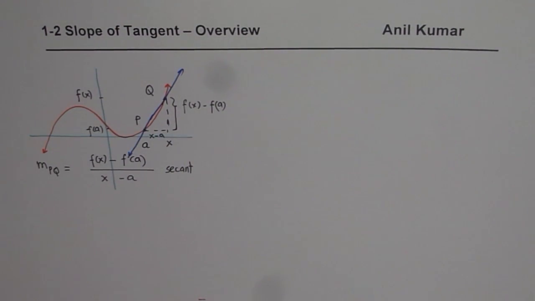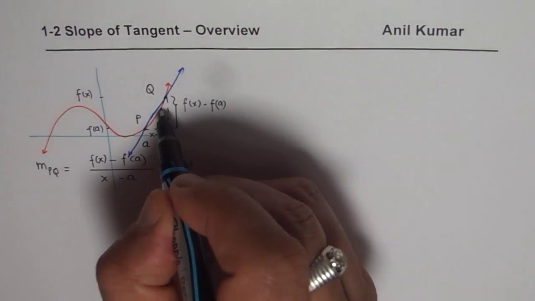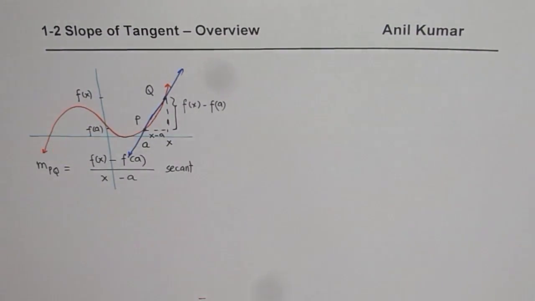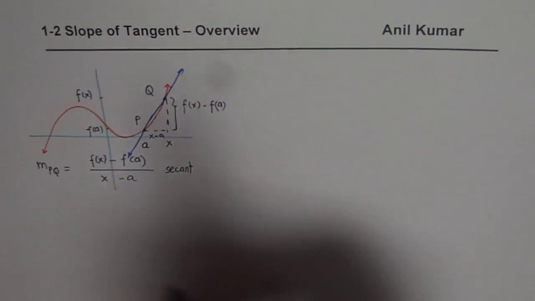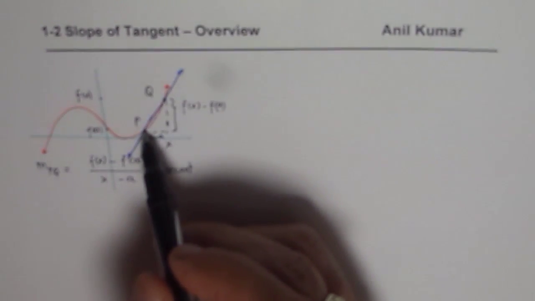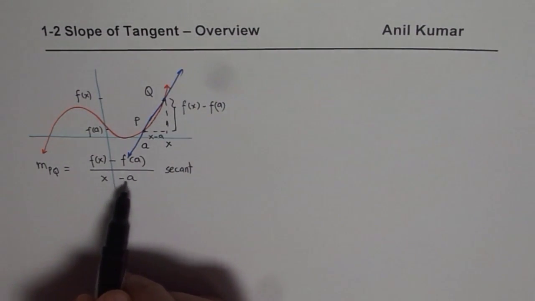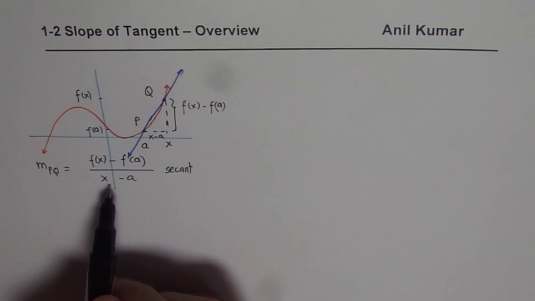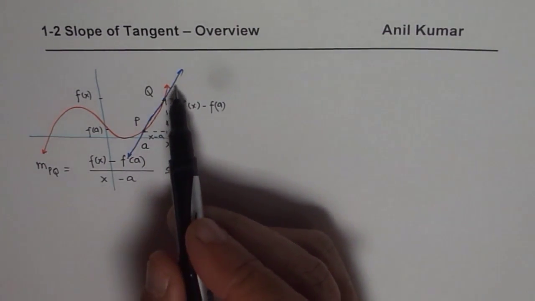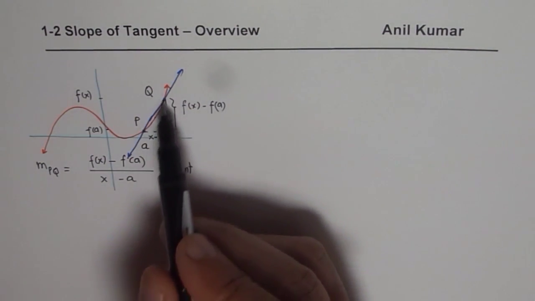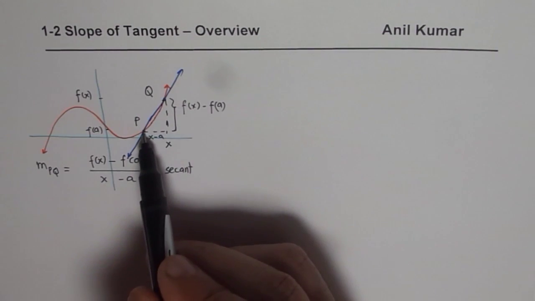To find that, what we do is bring point Q closer and closer to point P. So what we are doing here is approaching the slope of the tangent line. When the difference between x and A becomes very, very small, the slope of the secant becomes closer and closer to the slope of the tangent, right?